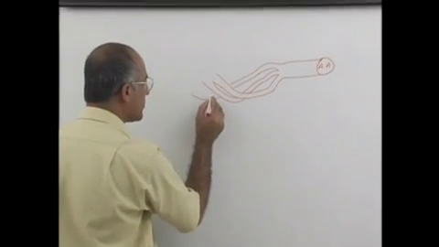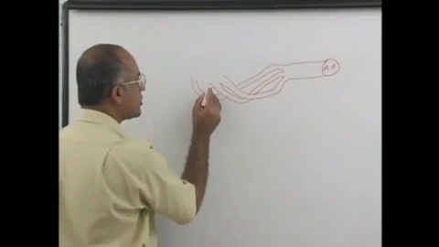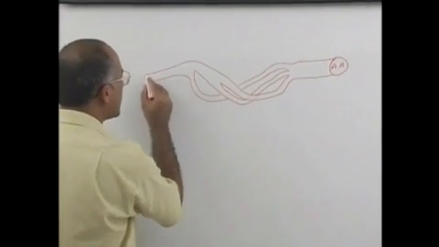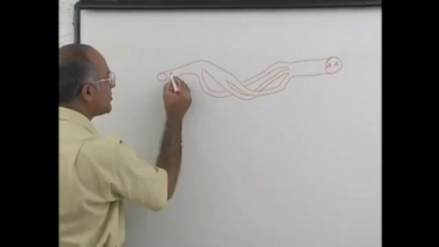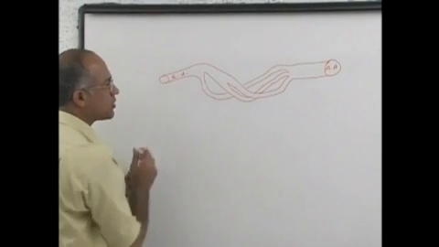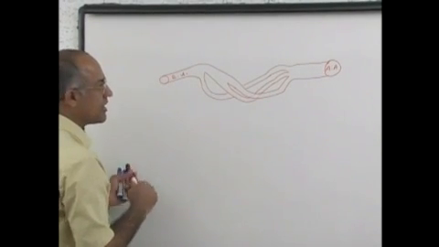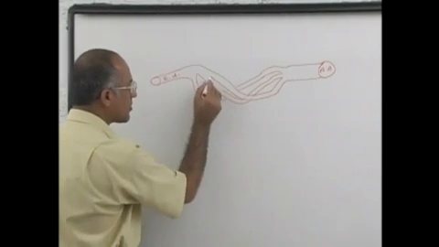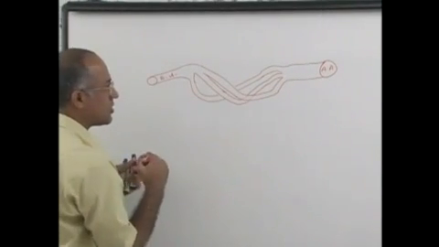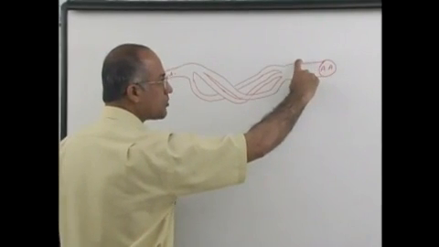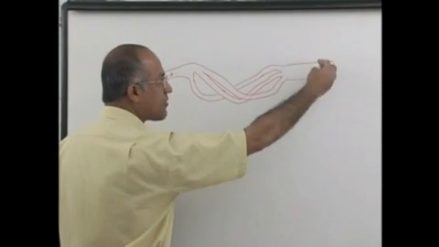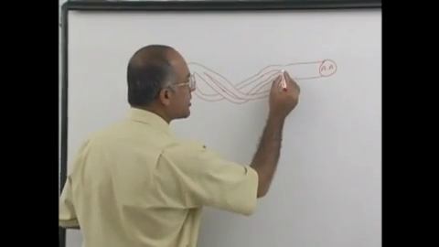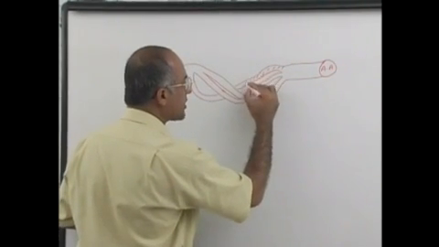Now all these capillaries rejoin each other and make what? The efferent arteriole. So what we really see is that the afferent arteriole is bringing the blood, and it breaks down into a bunch of capillaries.